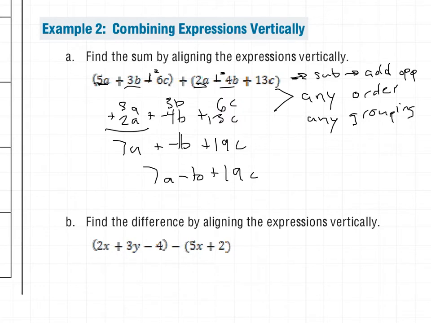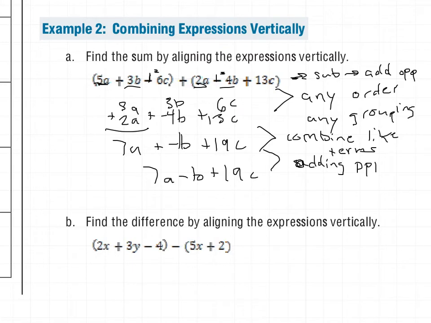And then we went ahead and combined like terms. And this last step was we changed adding an opposite to subtraction.